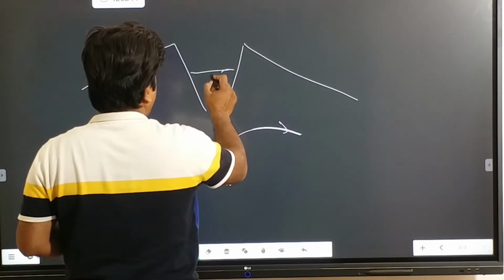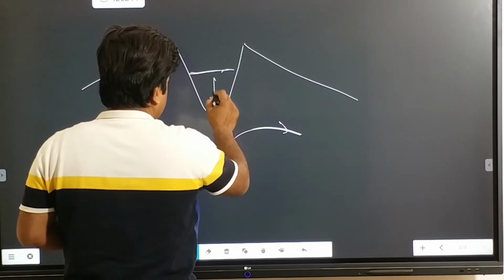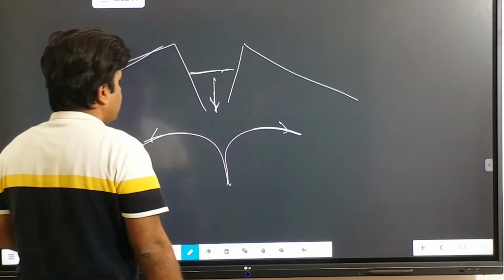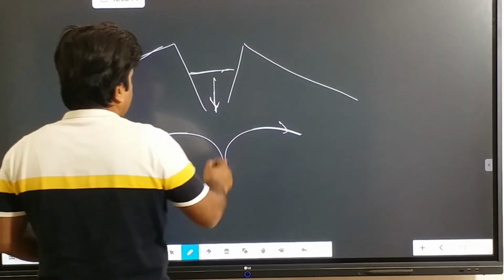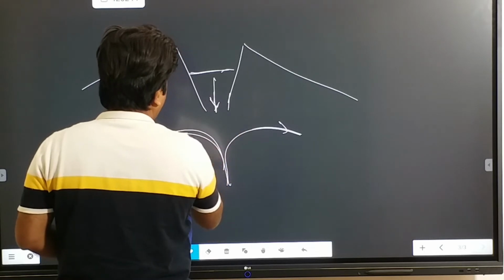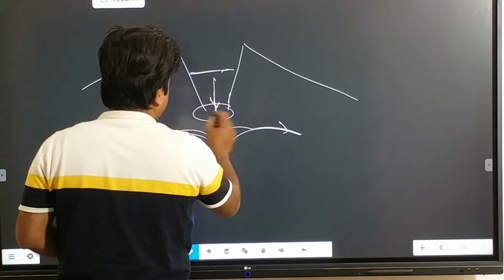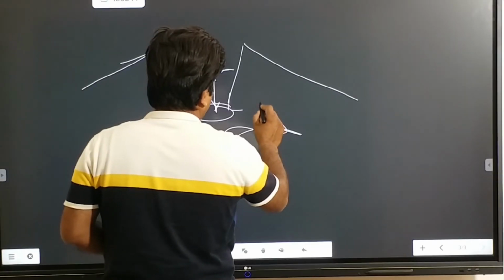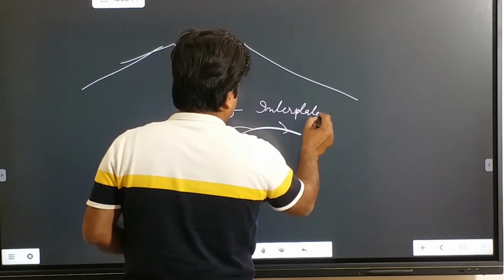So whenever faulting will take place, then this block will get subsided. Because this is magma coming from beneath, this will get melted. So this is called interplate thinning.